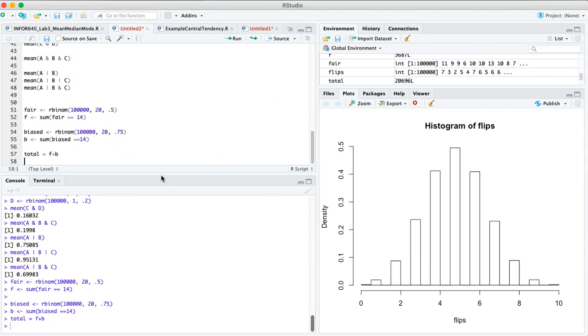Okay. Now, I want to know the probability that the coin is biased given the fact that we got 14 heads. Even though we passed this biased weight here, we're actually not sure that our coin is biased.